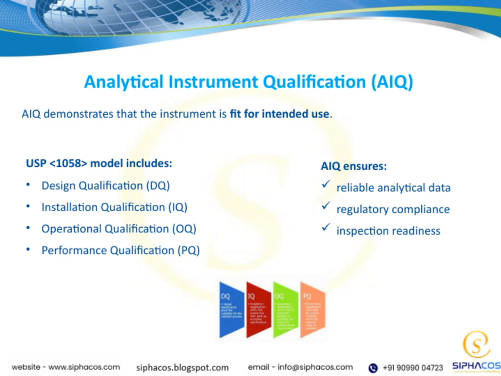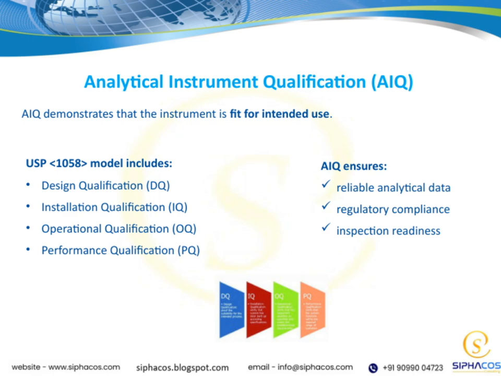Now, referring to the USP 1058 model, AIQ is broken down into several key stages. Design qualification, or DQ, which confirms the instrument is properly designed for our needs. Installation qualification, IQ, ensuring the instrument is installed correctly. Operational qualification, OQ, verifying it operates properly under specified conditions.